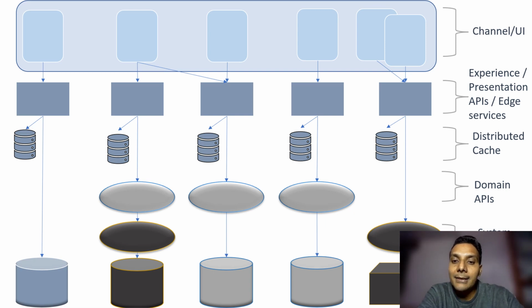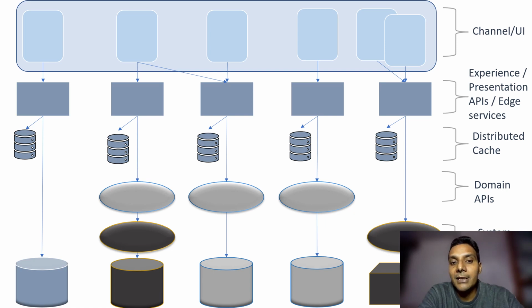One more difference between experience APIs and other downstream APIs is that experience APIs maintain a distributed cache, because they maintain the customer session, whereas the downstream APIs are totally stateless. Experience APIs are also stateless, but they maintain their state with the help of a distributed cache.